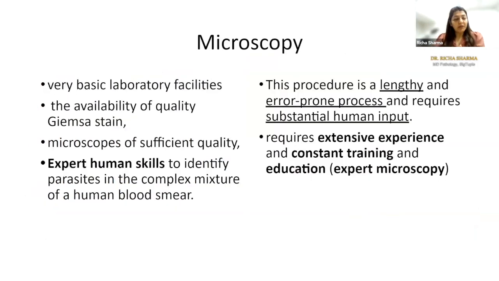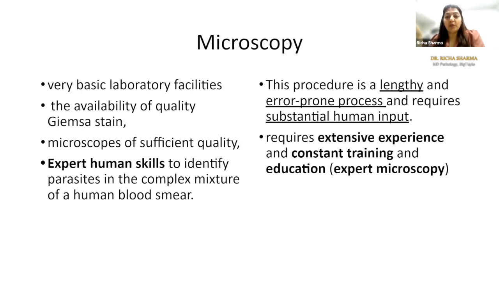Now, coming to manual microscopy, it's the most commonly used method. We all have used this method. What it requires is a very basic lab facility, a good quality Giemsa stain, and a microscope of sufficient quality. But a key element of this method is the expert human eye. An eye that can identify, grade, and typify which kind of parasite it is, and also quantify the level of infection in that blood smear.